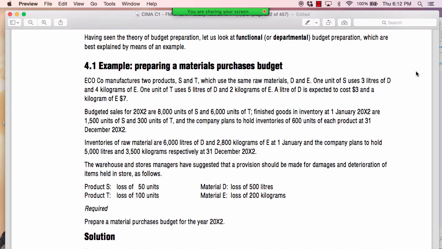They have given you the current inventory of raw material, correct? And they've also given you the finished goods, correct? They've given all those. And then they have given you the usage of certain material as well.